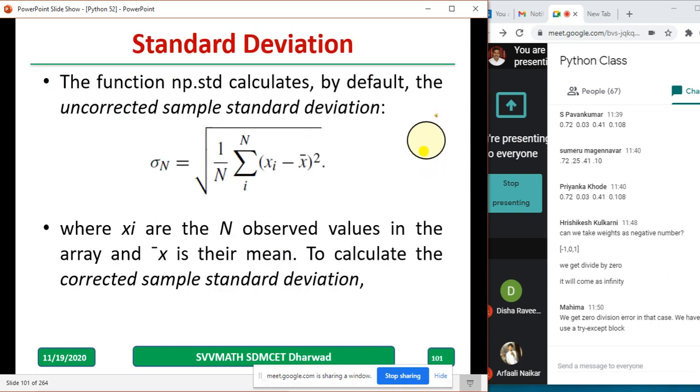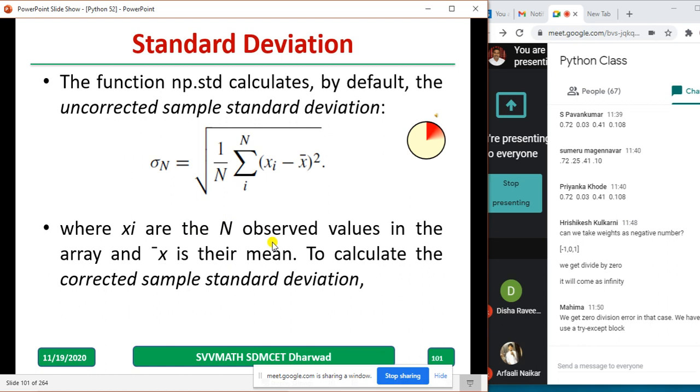For standard deviation, we have the function np.std, which calculates by default the uncorrected sample standard deviation. There are two: one is corrected standard deviation, the other uncorrected. Just note down if you want an equation. Otherwise, remember we have two. And how to make use of those two, I'll show you in the next slide in a small program.